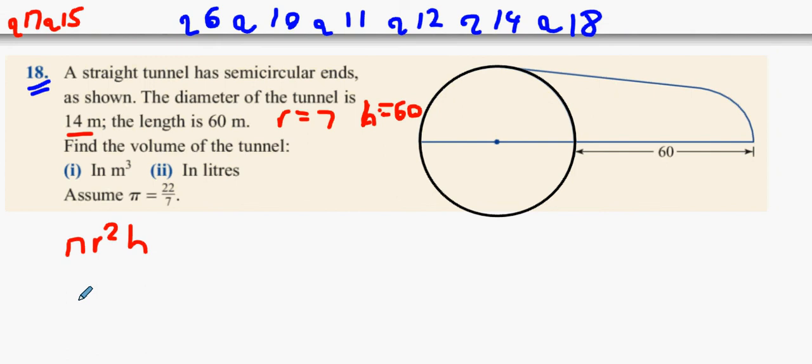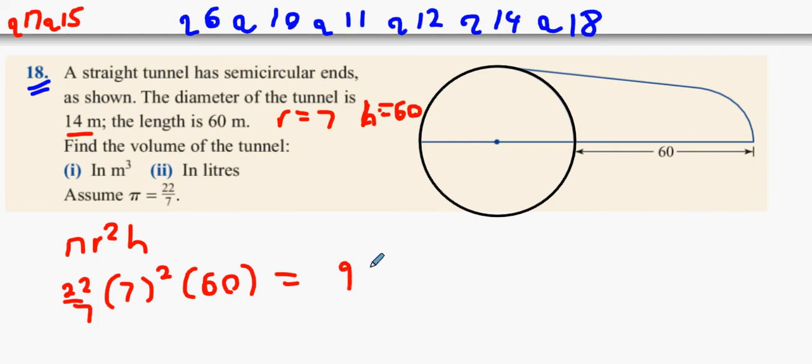So what are we going to get? 22 over 7 times 7 squared times 60. Did anybody get the answer for that? 9,240. Now, that's for a full cylinder. I don't see a full cylinder. I see half a cylinder.